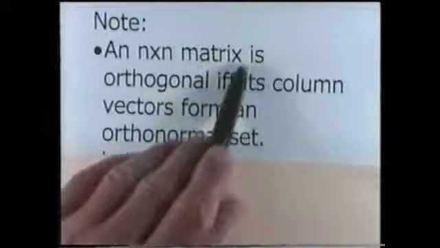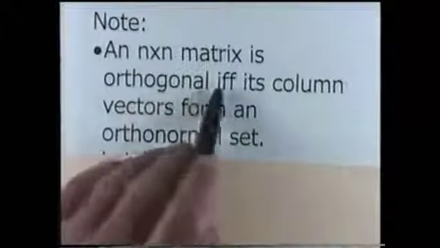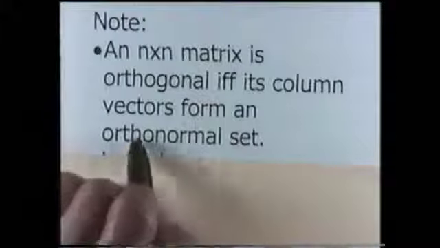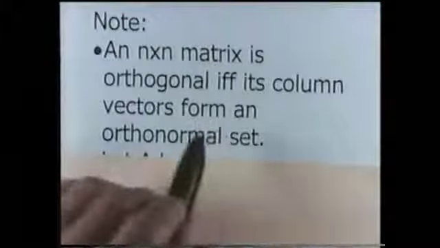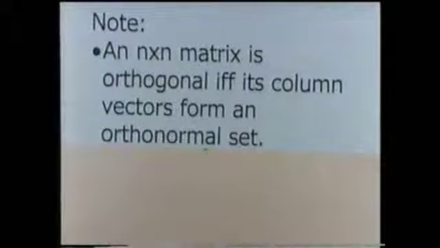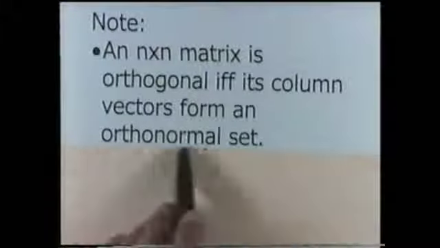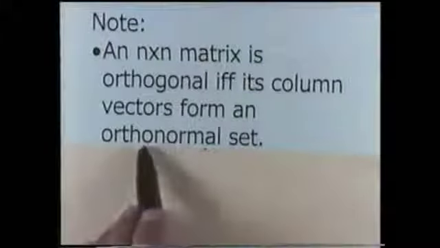An n by n matrix is orthogonal if and only if its column vectors form an orthonormal set. We've already talked about orthonormal sets previously, so you may want to go back and look up the definition.